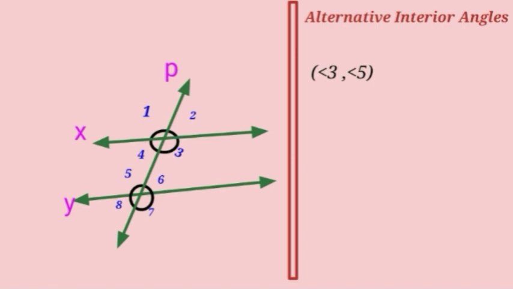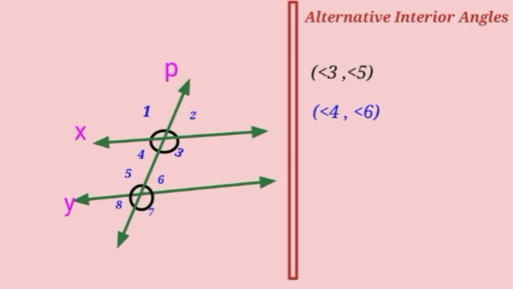These are called alternate interior angles, as they lie on the opposite sides of the transversal line, as well as the pair of angles lie in the interior part of the two straight lines x and y. Can you suggest another pair of alternate interior angles? Another pair of alternate interior angles is 4 and 6.